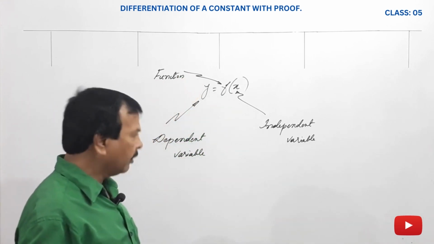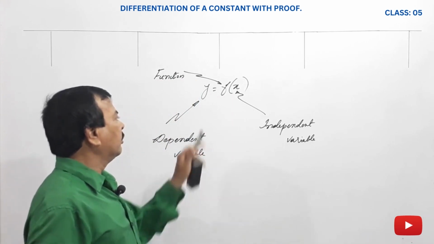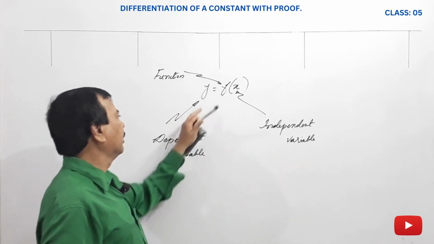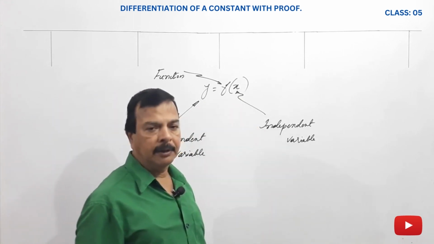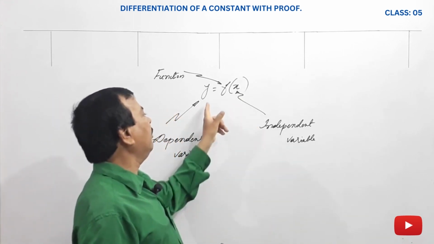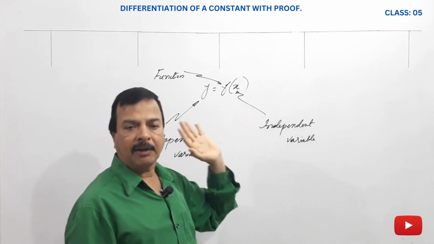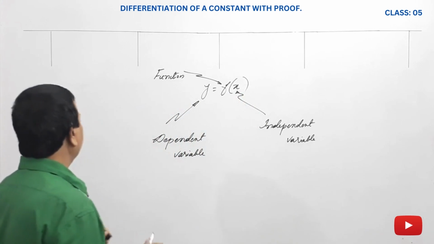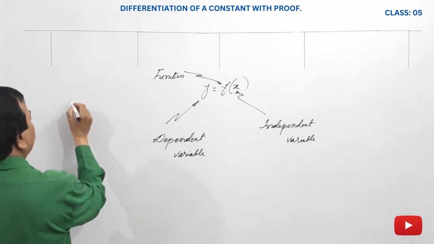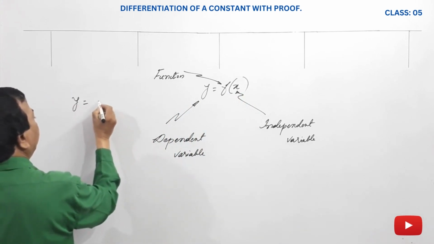So y equals f of x. y is a dependent variable and x is an independent variable, and the value of y depends upon the value of x.